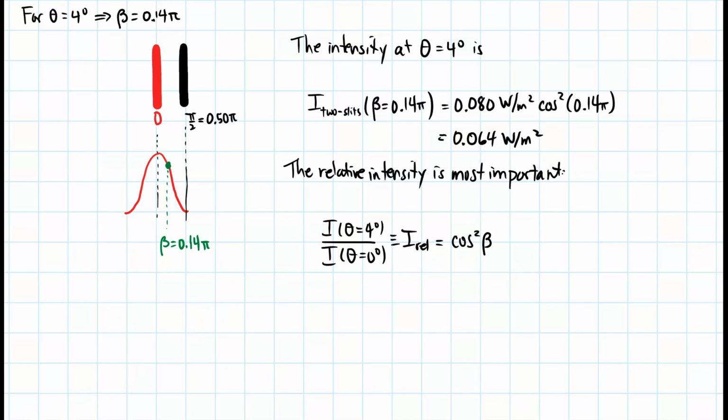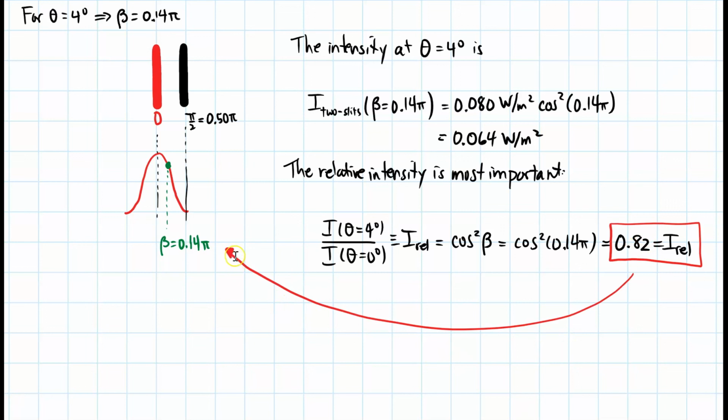This is always equal to cosine squared of beta. And what we're getting here is that the relative intensity is 82%. Now going back to our picture, at the peak intensity, this is 100%. So where is this 4 degrees? It's at 82% of the maximum intensity.